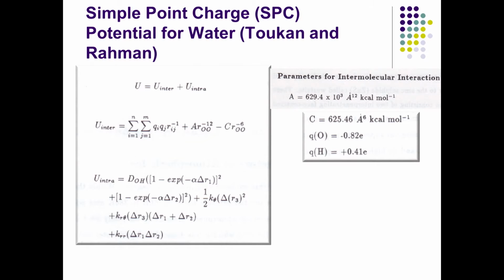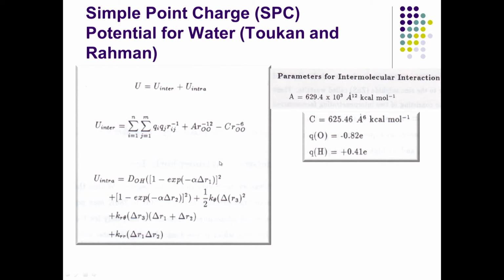So, in this case we are now going to first look at the inter part and then the intra part. What we are looking at here is the interatomic potential, with Q_i Q_j, and the oxygen potential, and then we are looking at the d_OH, the bond length between O-H and H-H, and the H-O-H angle, bond lengths, etc. And these are the parameters.